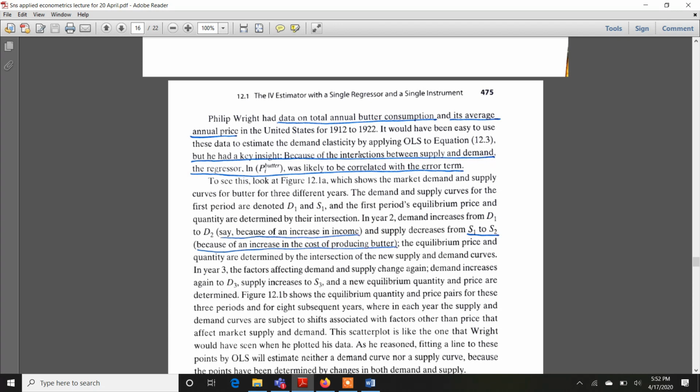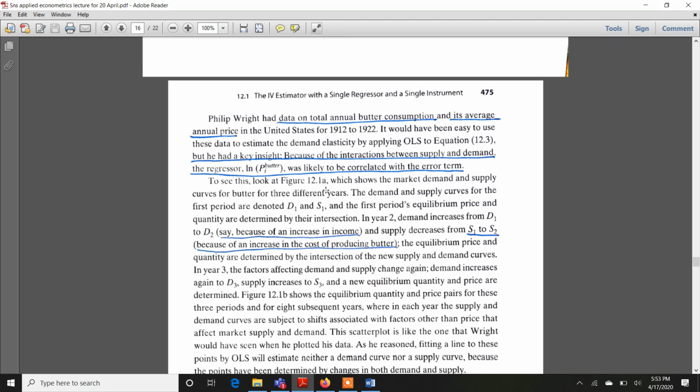You see, because of the interaction between supply and demand, right? They are not independent. So the regressor ln of Pi butter, that is the price of butter, is likely to be correlated with the error term. So what am I saying? That price is a function of demand, but demand could be a function of price as well. So there is a bidirectional type of relationship. That's why Mr. Wright said that supply and demand have interactions, right?